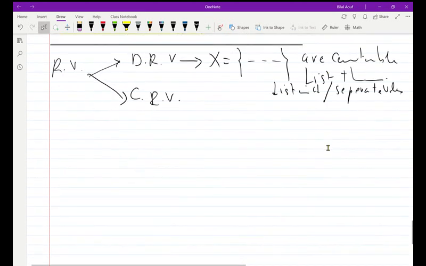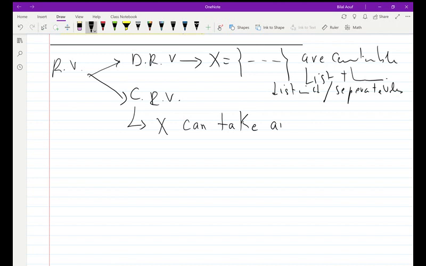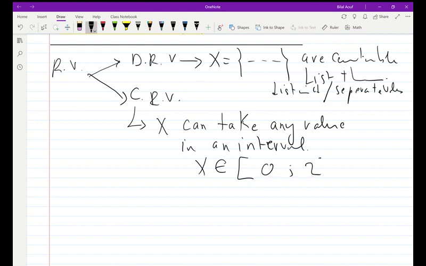The continuous random variable, so x can take any value in an interval. So obviously I can't count them. For example, x can take values that belong to an interval, for example, 0 and 2.